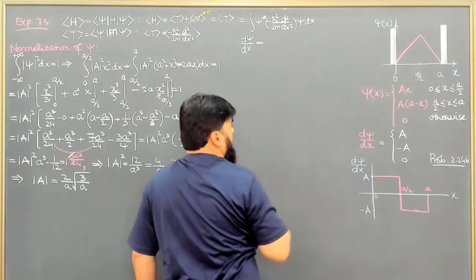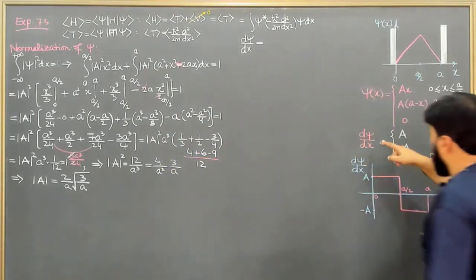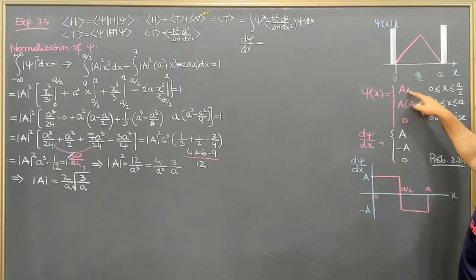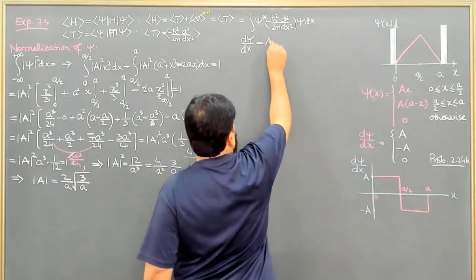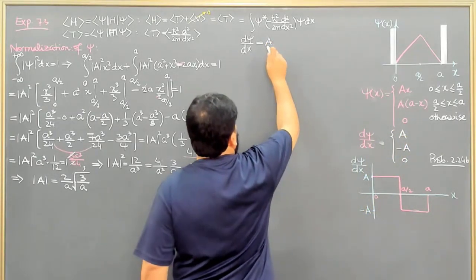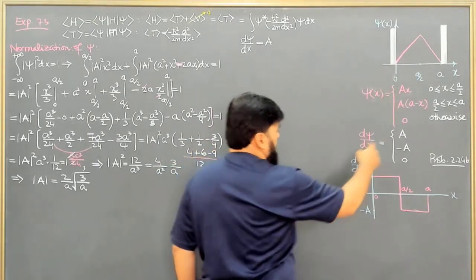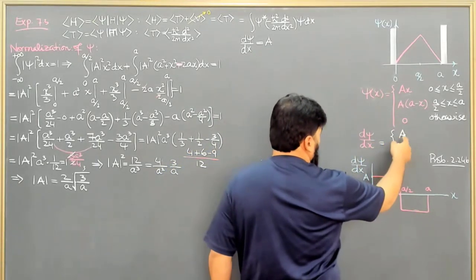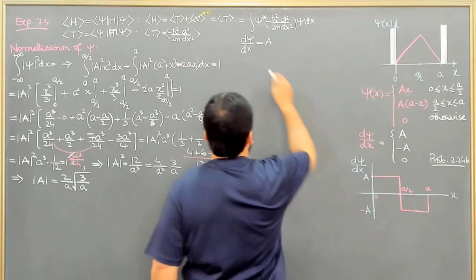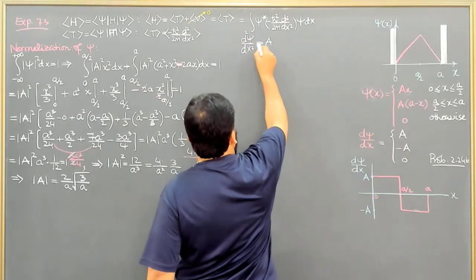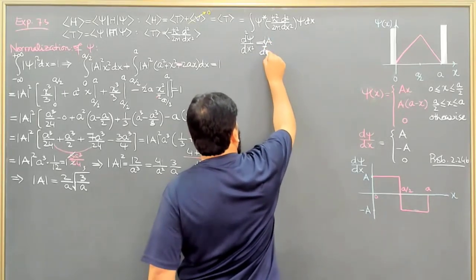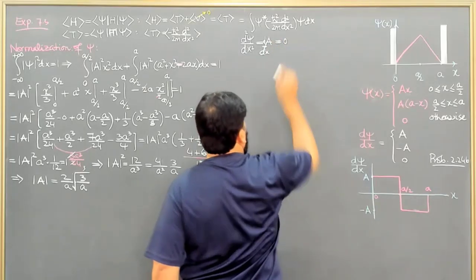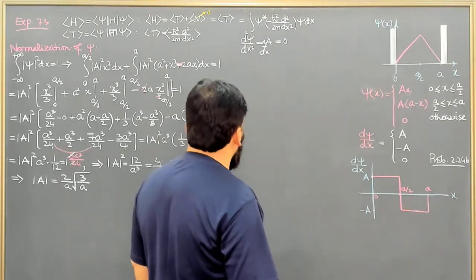Now what is dψ/dx? dψ/dx is equal to this, if I take a derivative with respect to x, so I will get a. So here is a. And what about d²/dx²? Means taking another derivative of this one. So d²/dx² is d/dx of a, and this is equal to 0. So it is coming out to be 0.